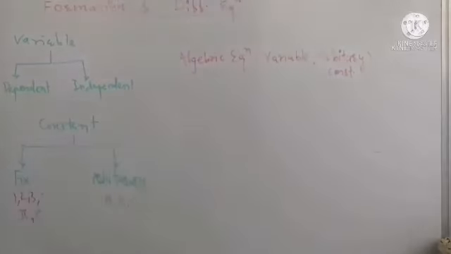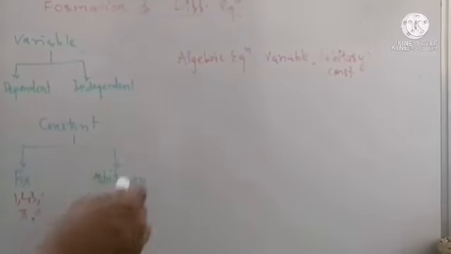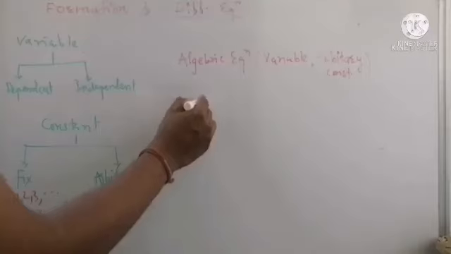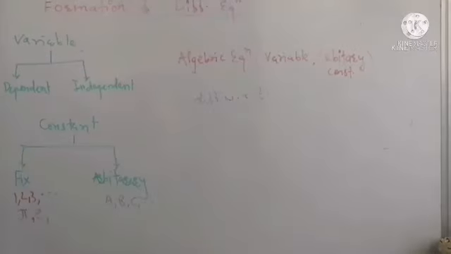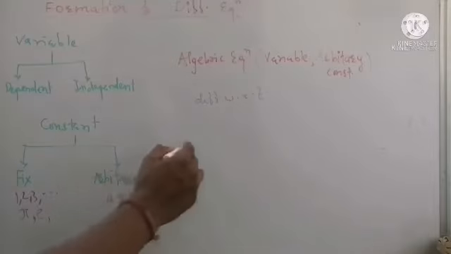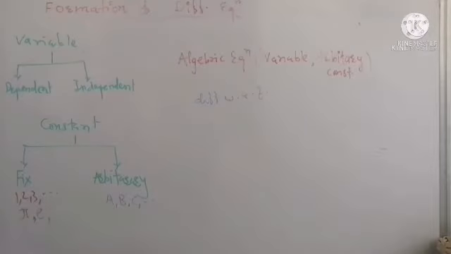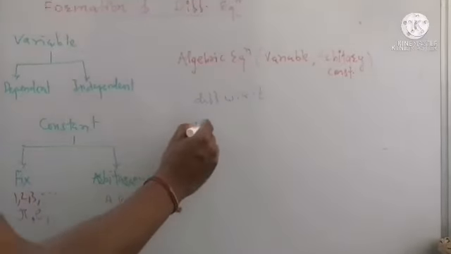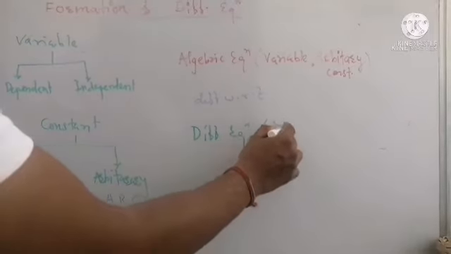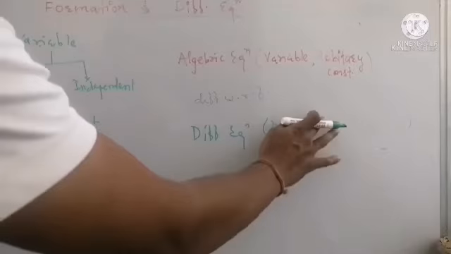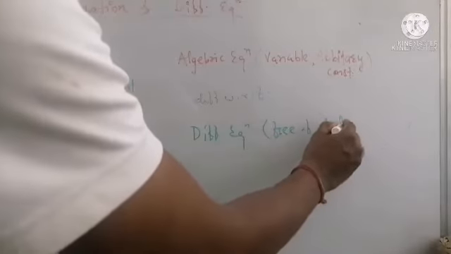We take arbitrary constants into consideration here, as we take the differentiation of this algebraic equation with respect to the independent variable in the equation, we get a differential equation. Now, this differential equation is always free of arbitrary constants.